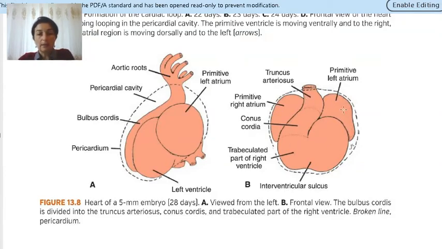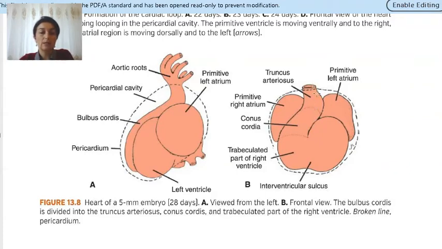Then the atrium, here was the atrium. This atrium will expand, and as a result of the expansion of the primitive atrium, the outflow tract of the heart from the right side will change its position into the middle location, the middle of the heart field.